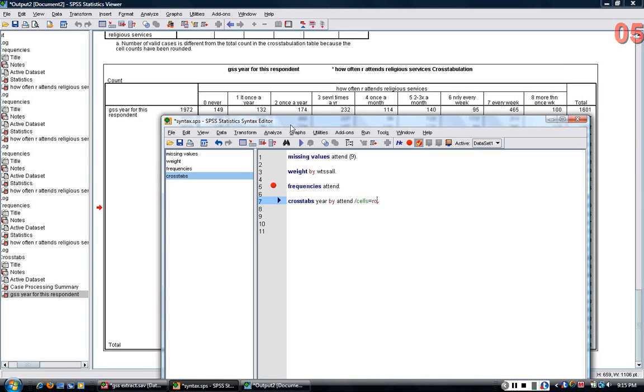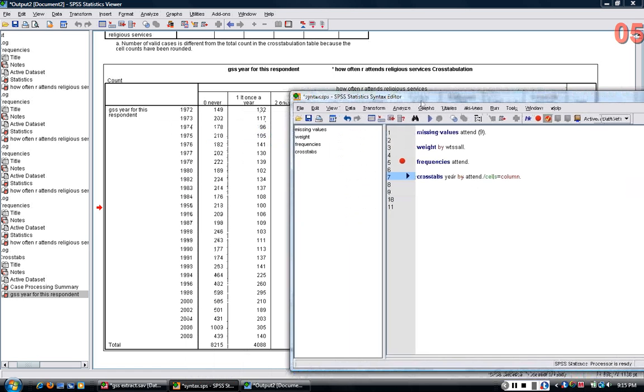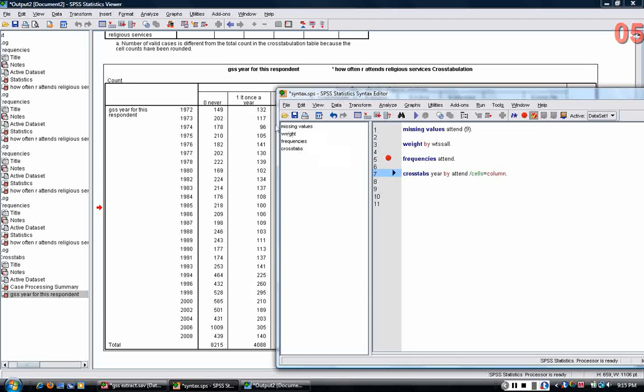If I did column percentages instead, it would be calculating the percentage in each cell out of the totals in the column. So you would have the percentage of people who said they attended less than once a year, what percentage answered the question in 1972.